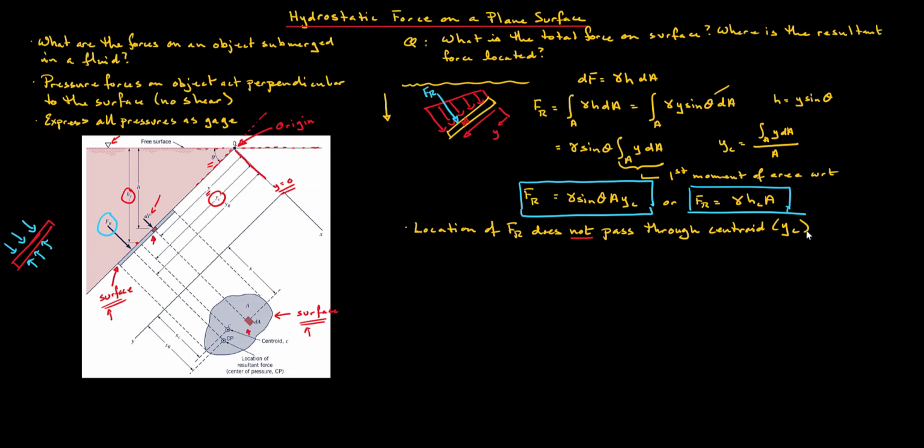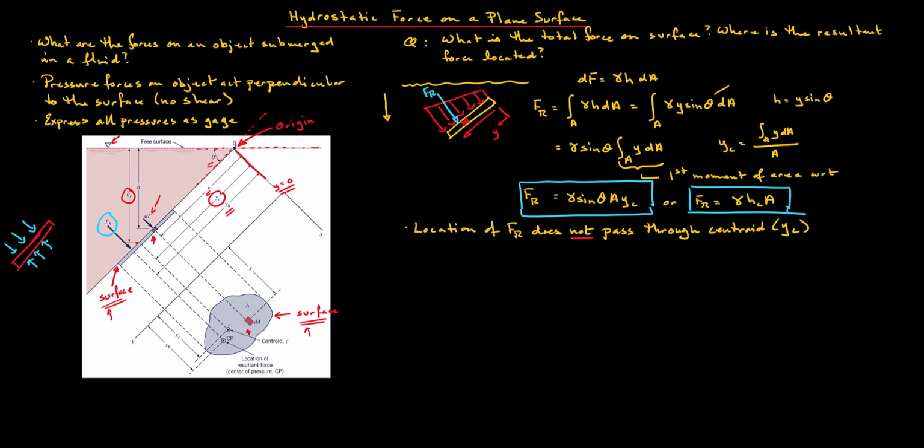Okay, so let's find the location of FR. This location is denoted in our schematic as yR. R for resultant, so the location of the resultant force.